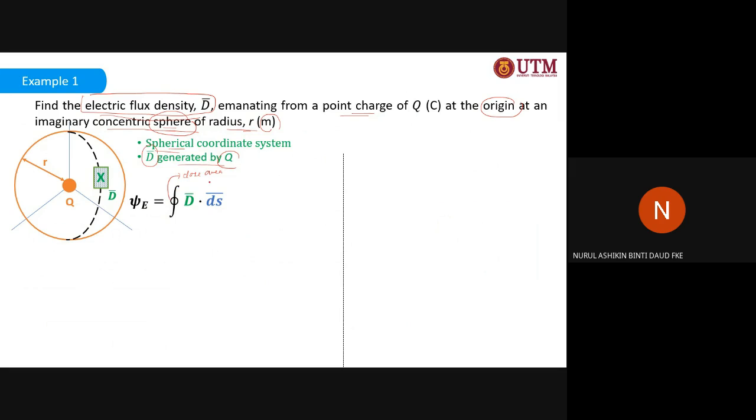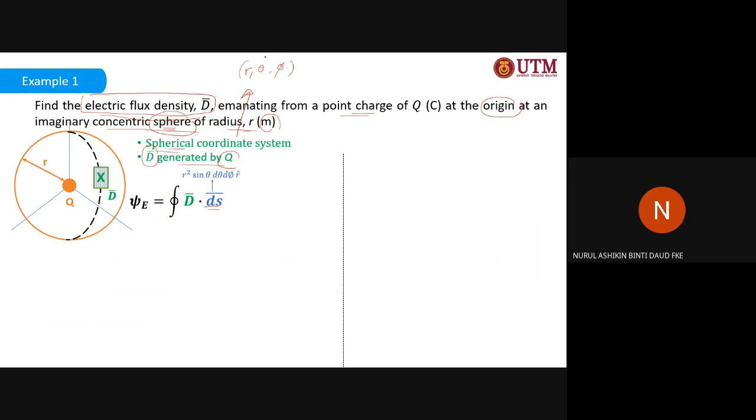All right, so now D and then dS. I think it's better for me to erase this so that it will not cover here. Now the dS here is based on the spherical coordinate system. We know that the spherical coordinate system has three variables, which are r, theta, and phi.